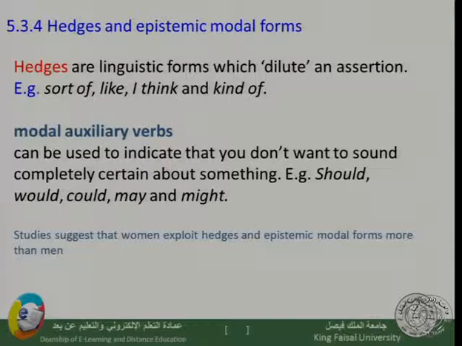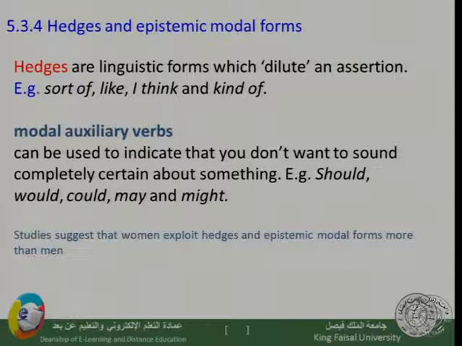What about modal auxiliary verbs or epistemic modal auxiliary verbs? Those verbs can be used to indicate that you do not want to sound completely certain about something. And the words that we usually use are should, would, could, may, or might. An example of this, when I say, for example, I travel tomorrow.